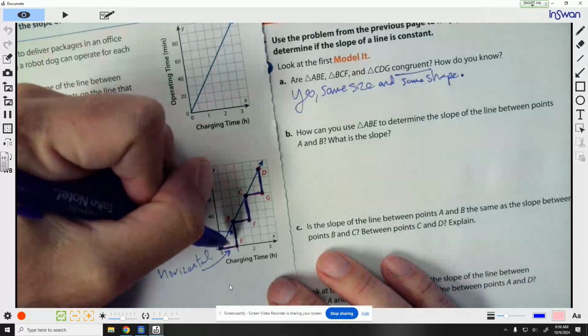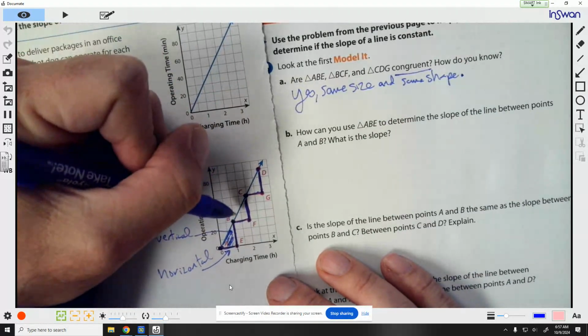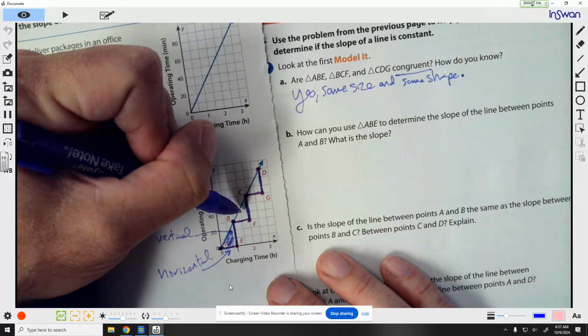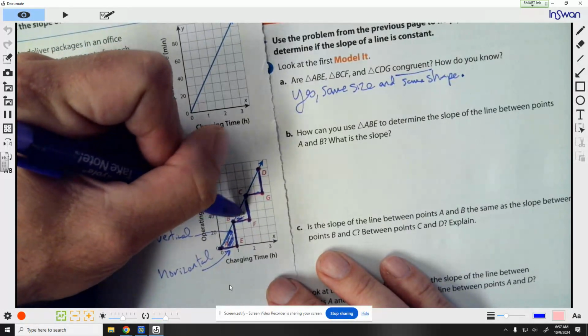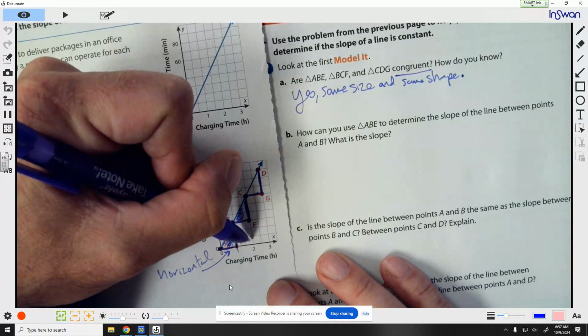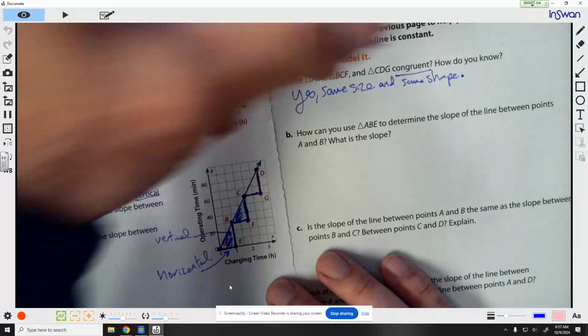Well, if we look here, we can take this triangle, and we could do some transformations to move it onto this triangle. So we could do a sequence of translations, perhaps move it to the right and then up so many units, or move it up and then to the right so many units.